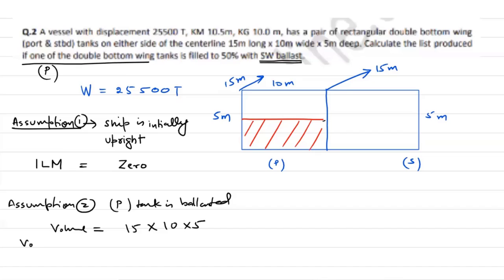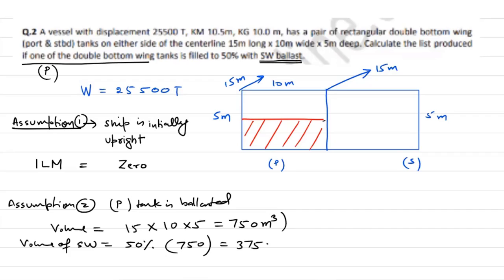Volume of salt water is 50% of whatever you have, so 750 divided by 2, 375 cubic meter. This is the volume.